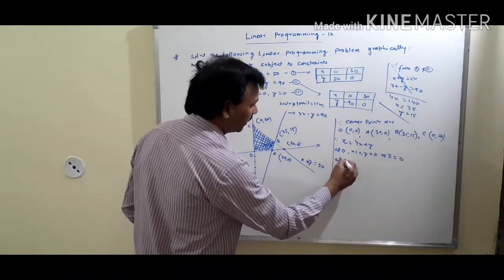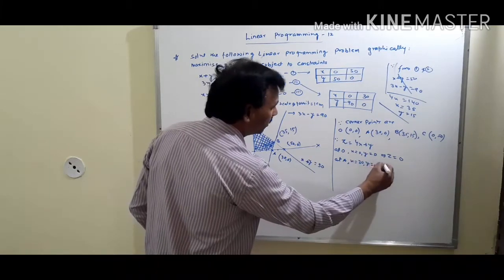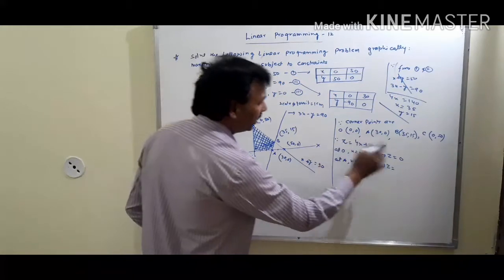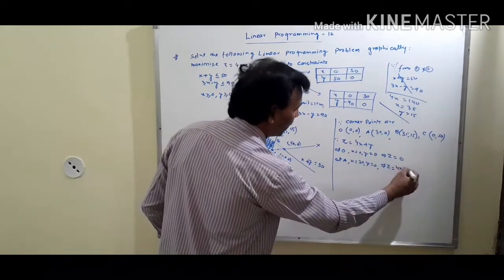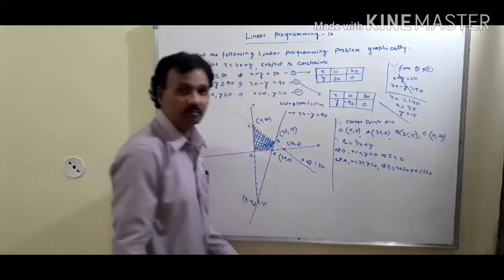At A, x equal to 30 and y equal to 0, z will be 4 into 30 plus 0, so this will be 120.